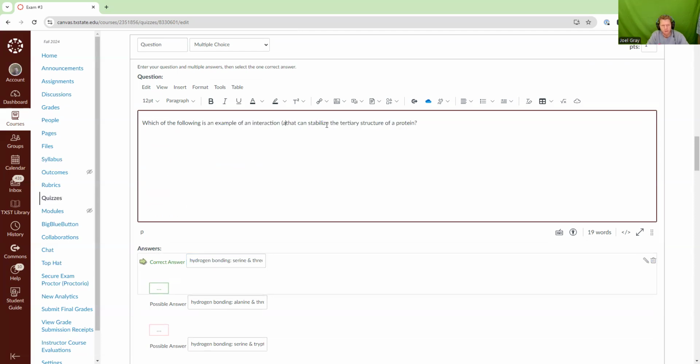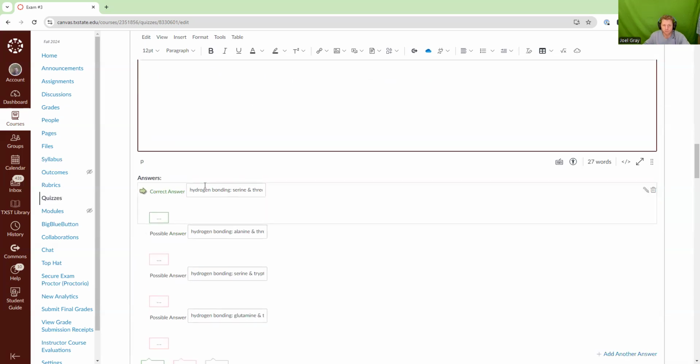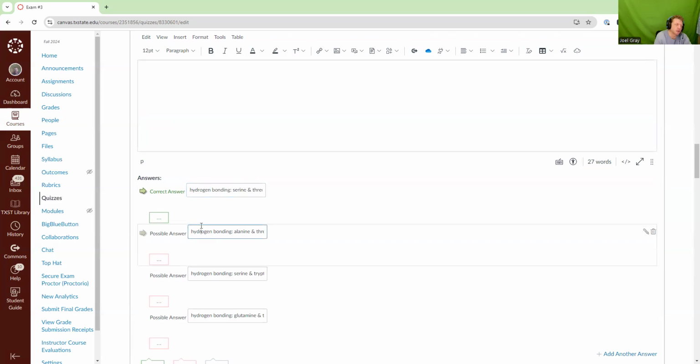And I'm going to say, which of the following is an example of an interaction along with amino acid pairs that demonstrate that interaction? So hydrogen bonding can stabilize the tertiary structure. It's R group hydrogen bonding. So serine and threonine, yes, they absolutely can. Now that's the correct answer, but let's look at the other ones.